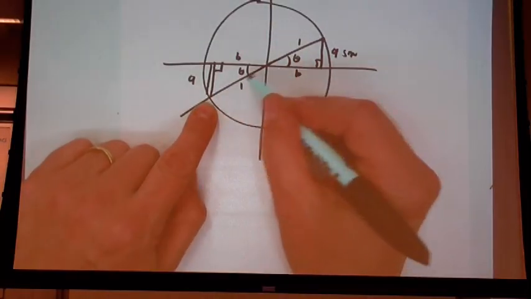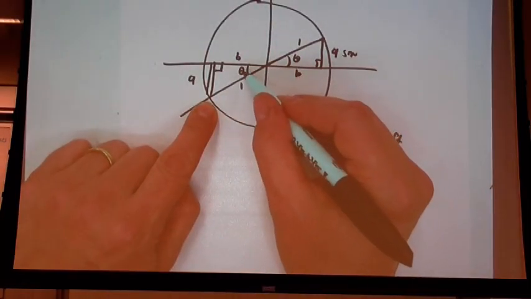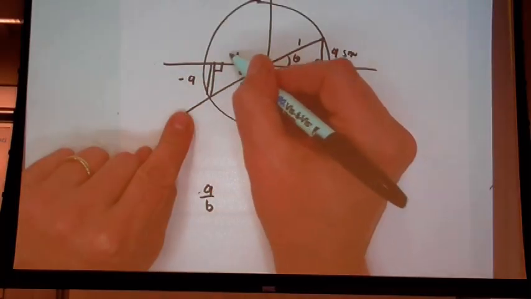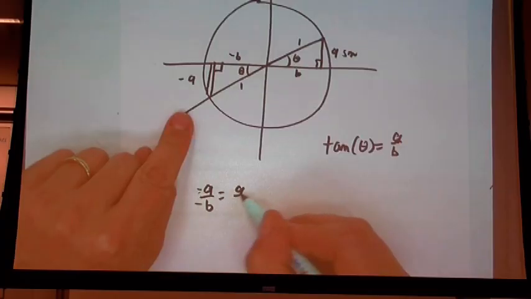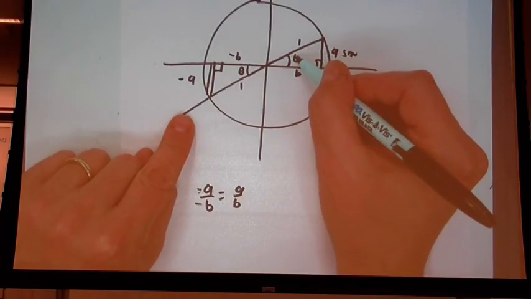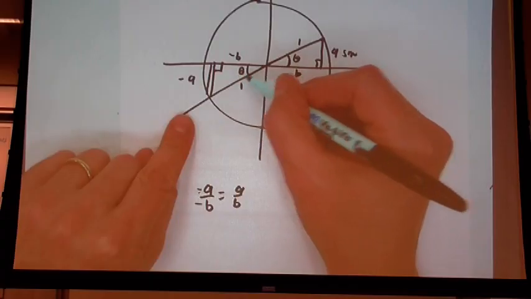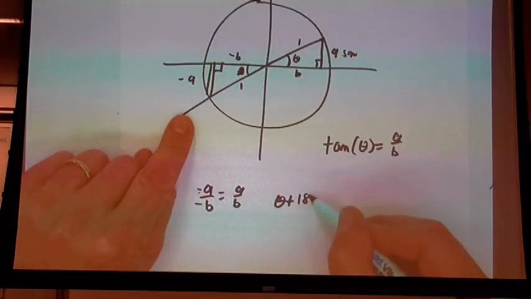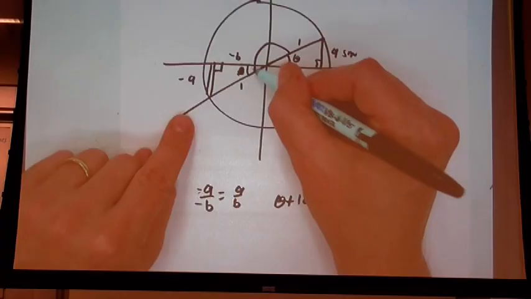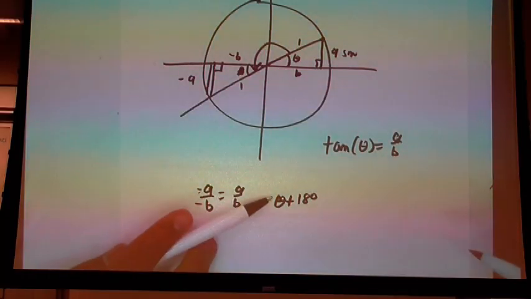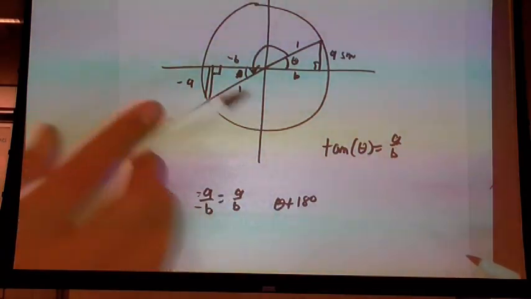So my point is that the tangent of this angle is also going to be actually minus A over minus B. So whenever I have an angle here, if I look at its tangent, there's an angle over here, it's actually theta plus 180, which has the same tangent.